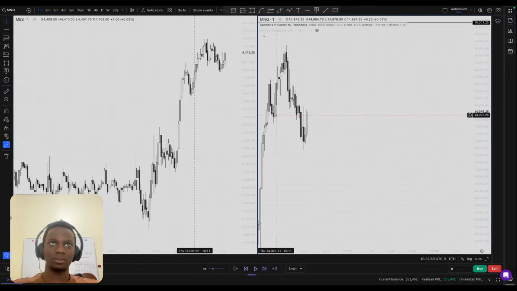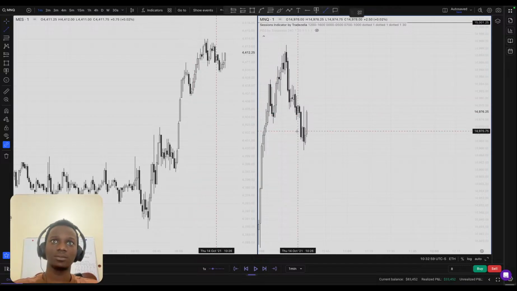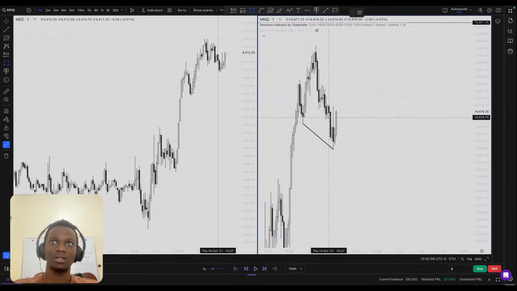We have got a retracement into a 15-minute, and we have very beautiful SMT run on liquidity on NQ SMT with ES here as well.